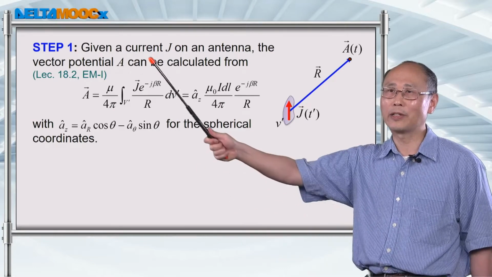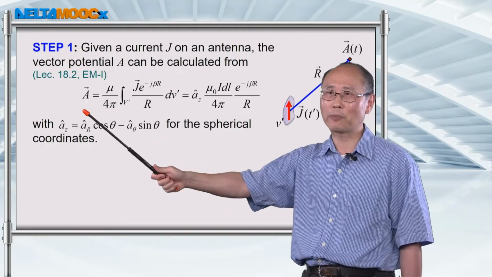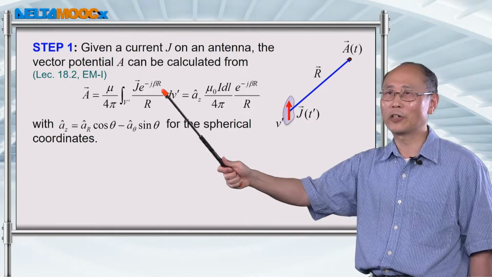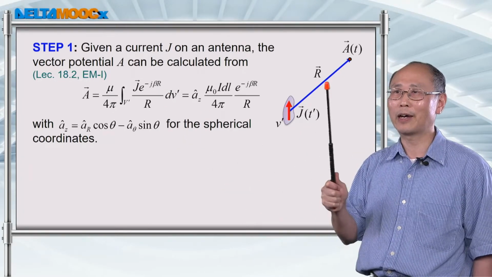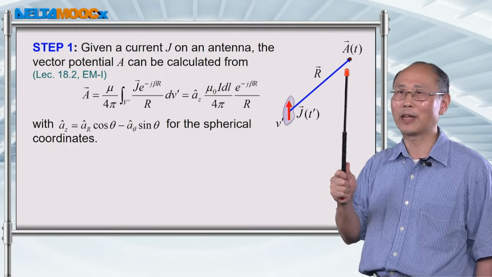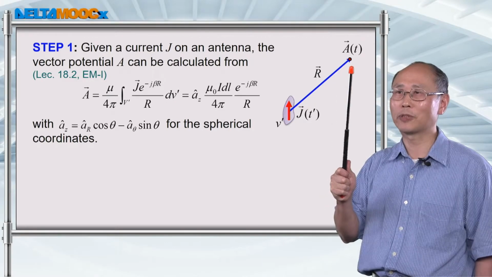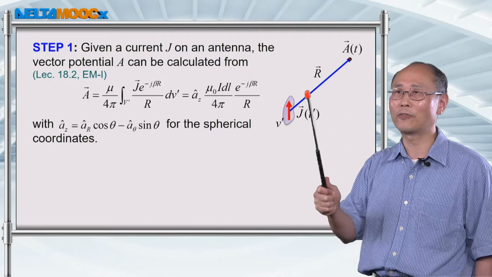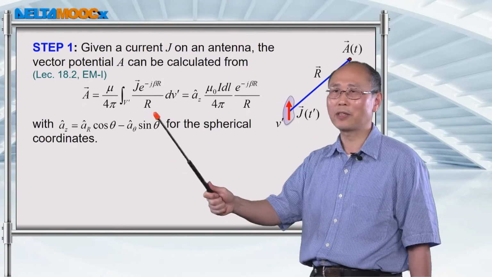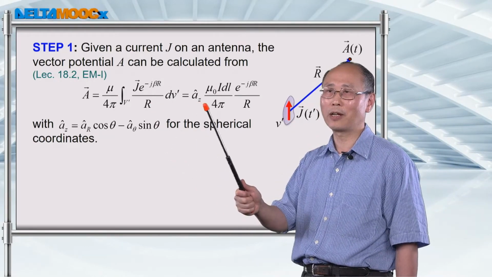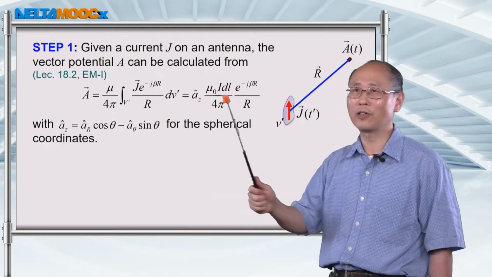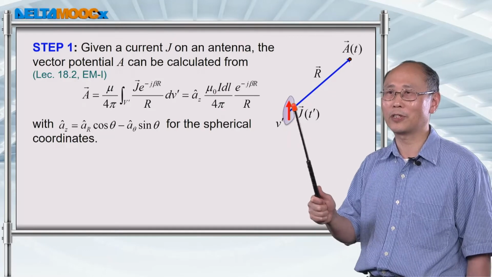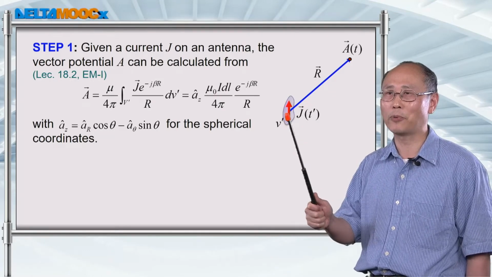Step one is to write down the vector potential as a function of current and do integration over the source. Then you can derive an expression for the vector potential at a distance r from the source. So we pick up this formula and then do the integration, because the current is not going to be a function of distance on this dipole antenna.